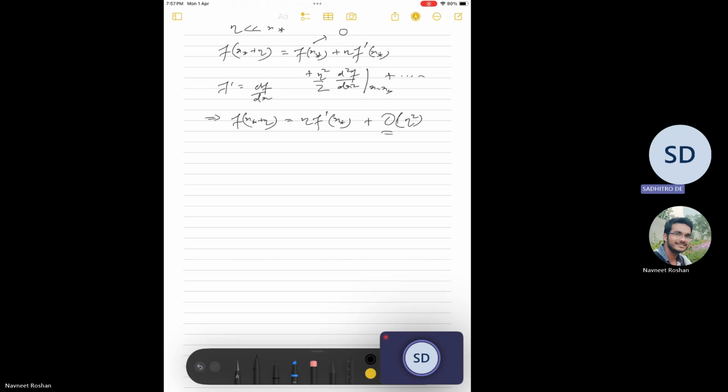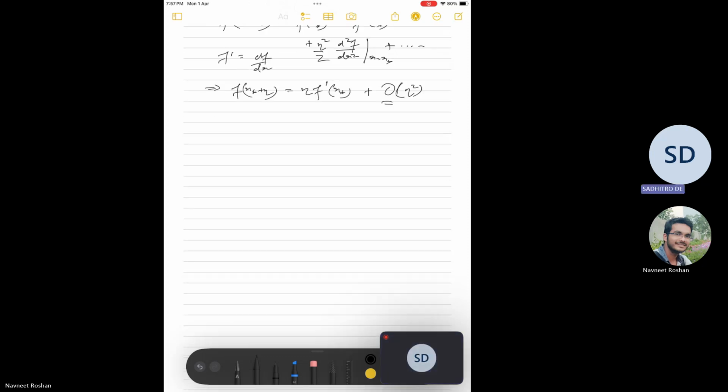So up to first order in eta, we can neglect this. There is a condition for neglecting this term: if eta times f dashed x star is much greater than order eta square.